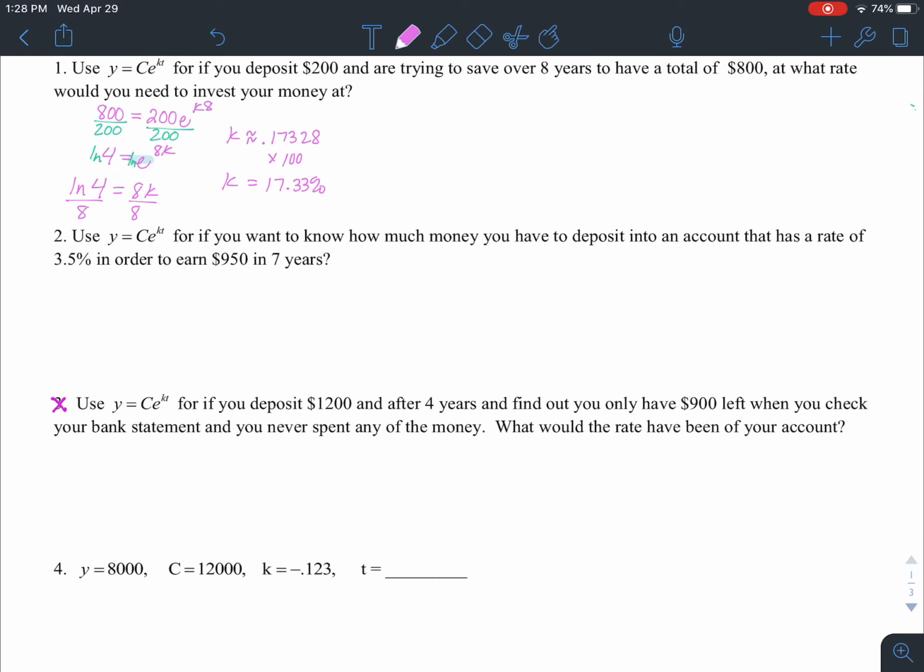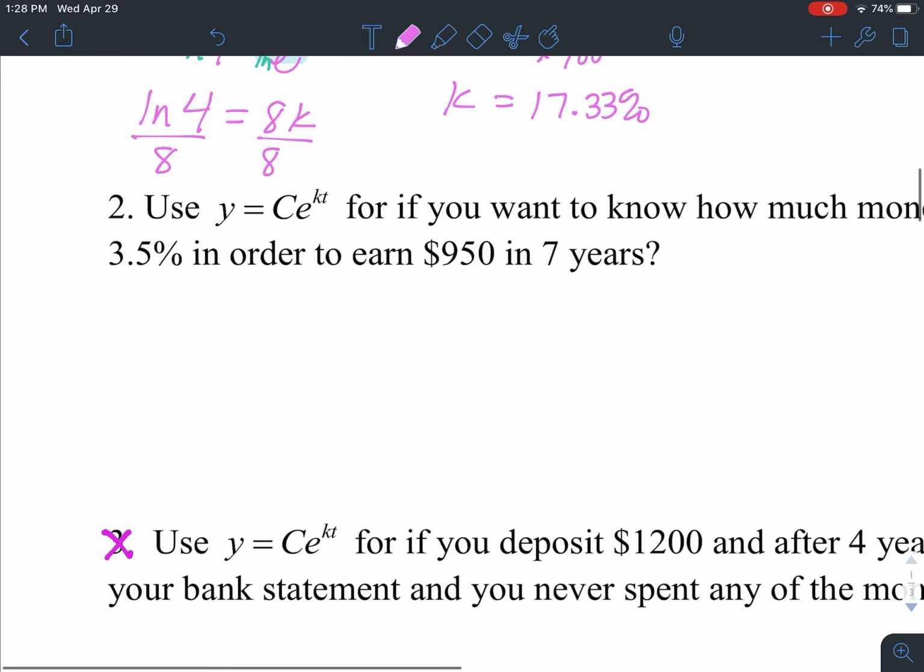So now we want to figure out how much I actually have to deposit. Our final amount is $950. We do not know how much we have to deposit. We know e, and we know our rate. We have to write it as a decimal, 0.035, over 7 years.